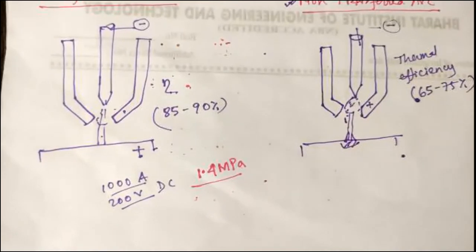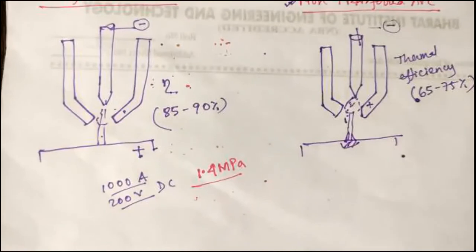And if the gas flow rate is high, we will get more momentum of the plasma jet, and that will ease the removal of the molten material from the machining zone.